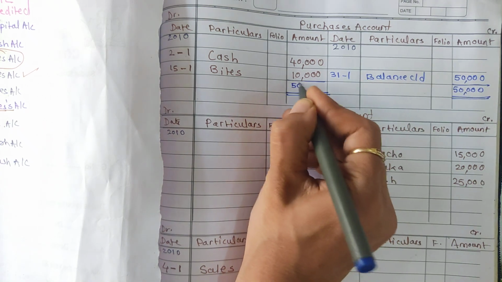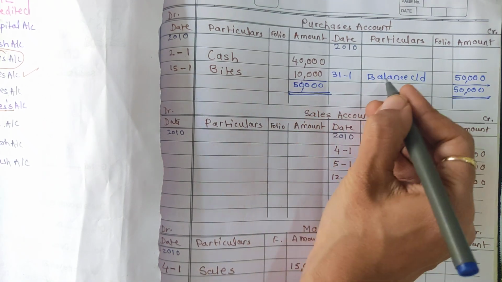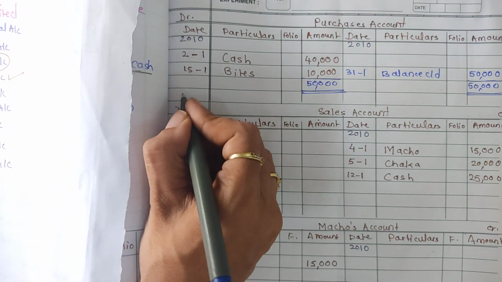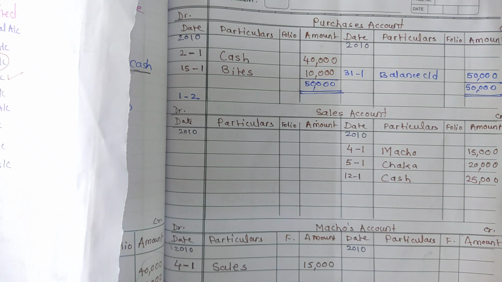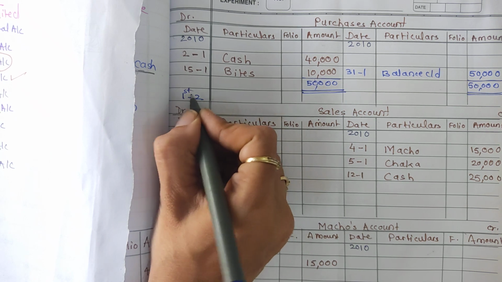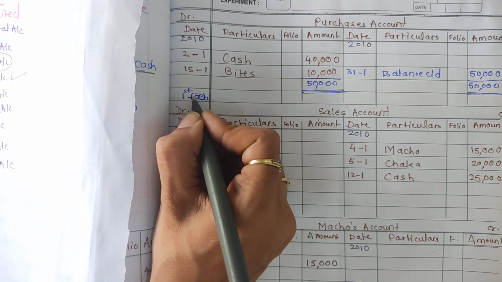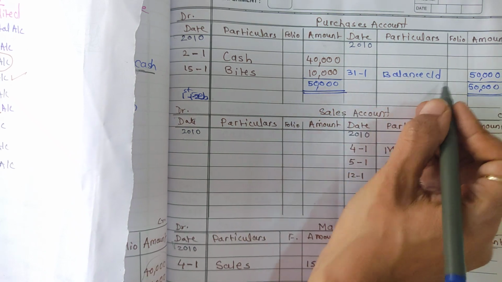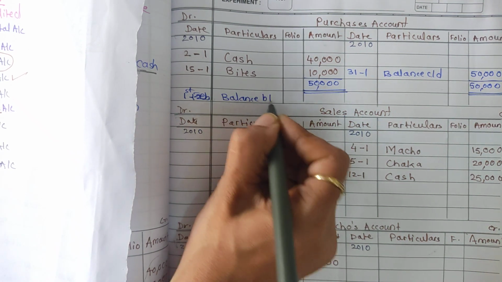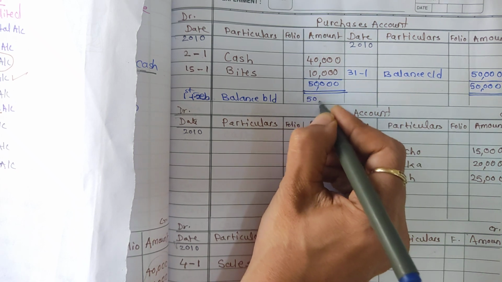This balance we carry to the opposite side, on the line below the total, and give the next date, that is 1st February. You can write 1st Feb like this, or 1-2 also, and the amount you call a balance brought down. The amount is 50,000.